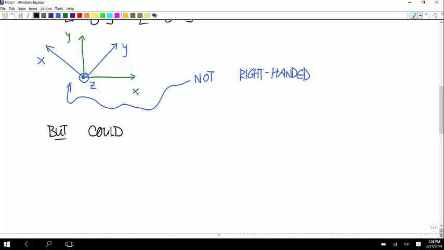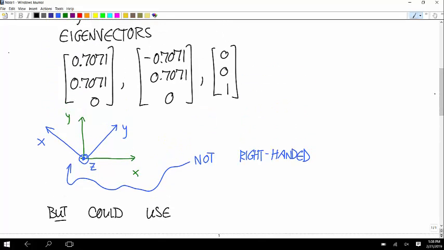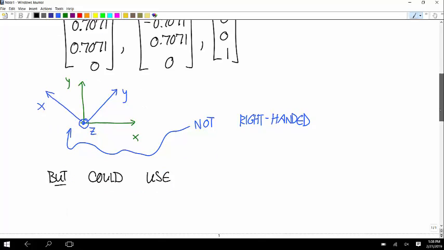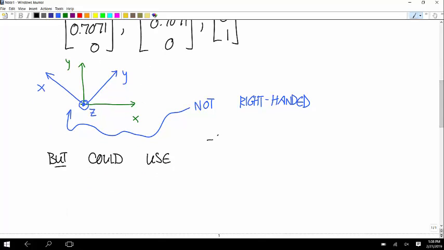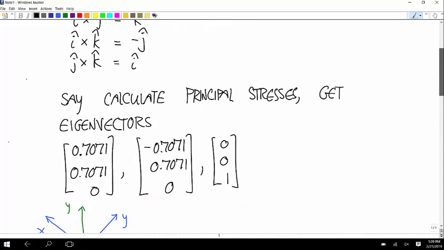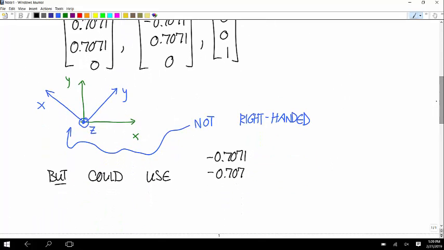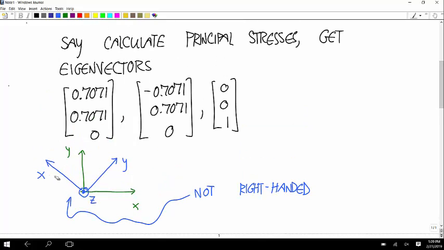So if I multiply this one by -1... negative 0.7071, negative 0.707, I'm looking at the wrong one. This one here, the x-axis, is the middle one I have written here.